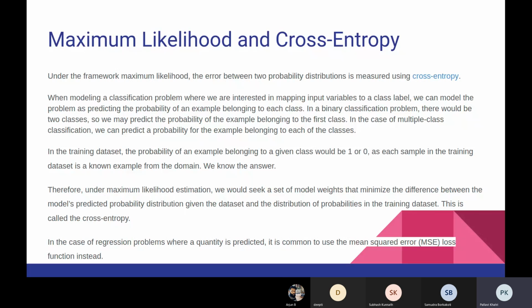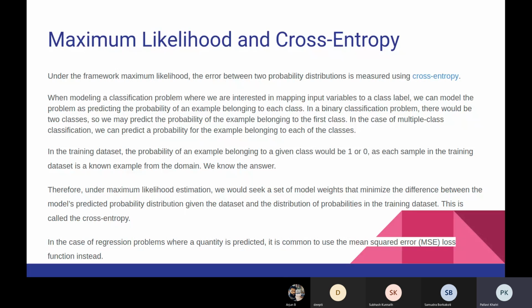In a training data set, the probability of an example belonging to a class would be 0 or 1 in the binary classification problem, and in a multiclass problem it will have a probability related to each of the classes which exist in the space.